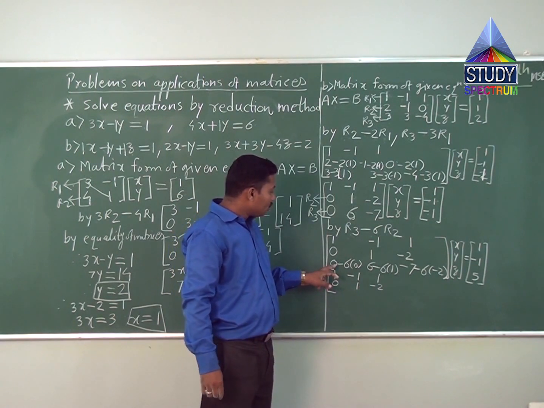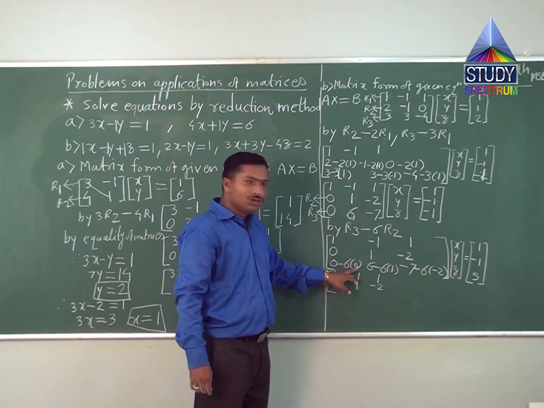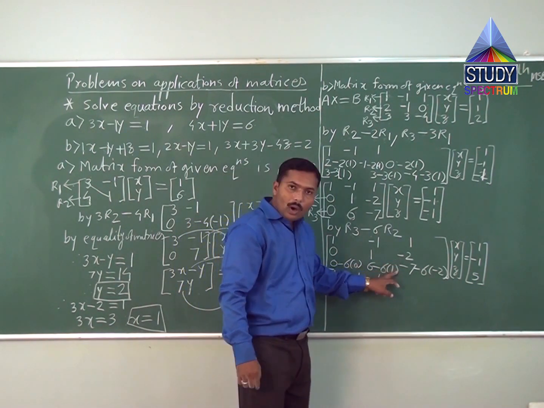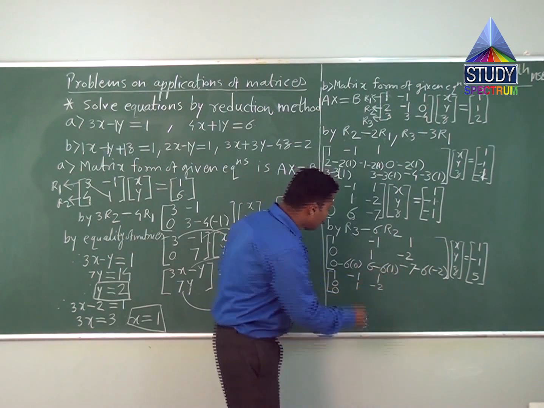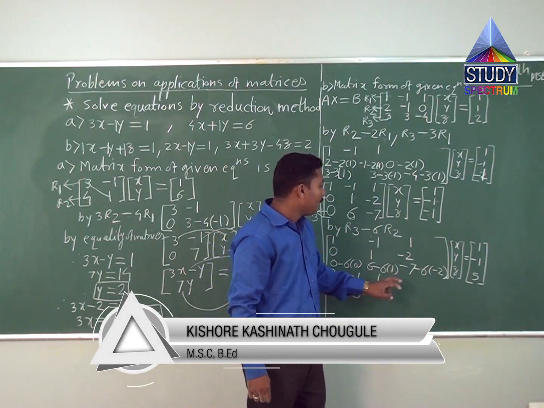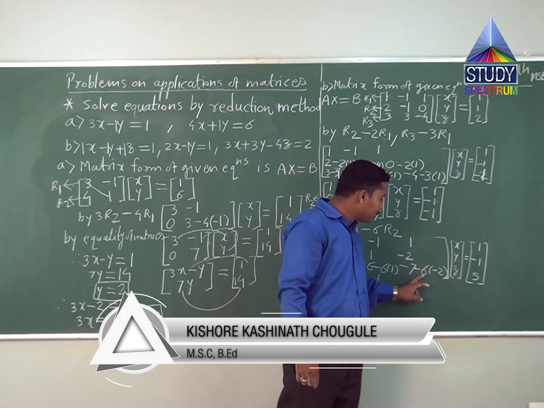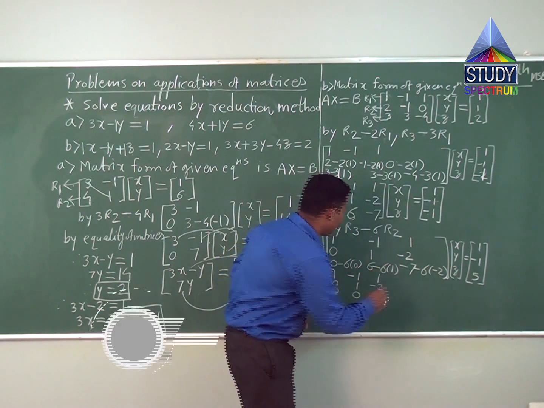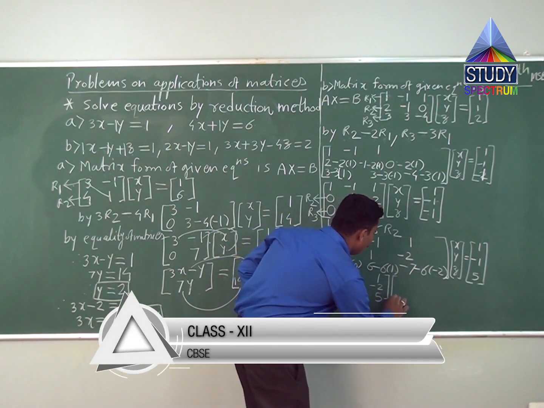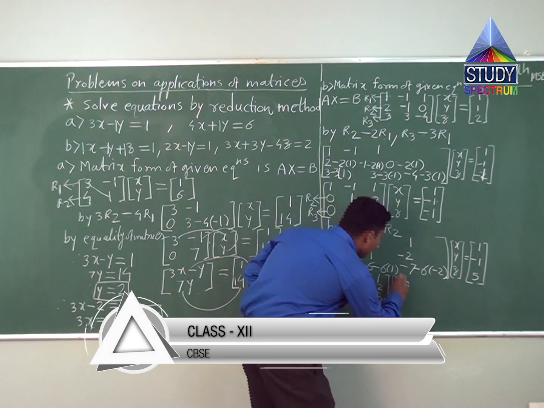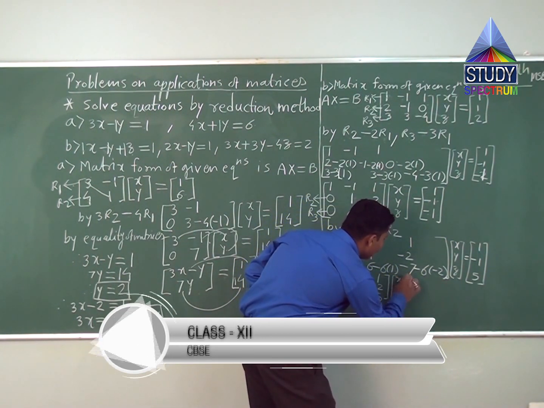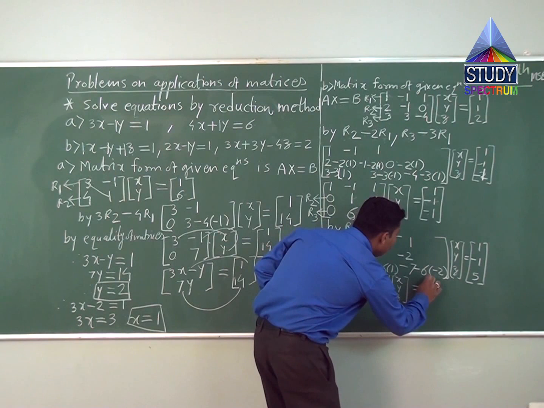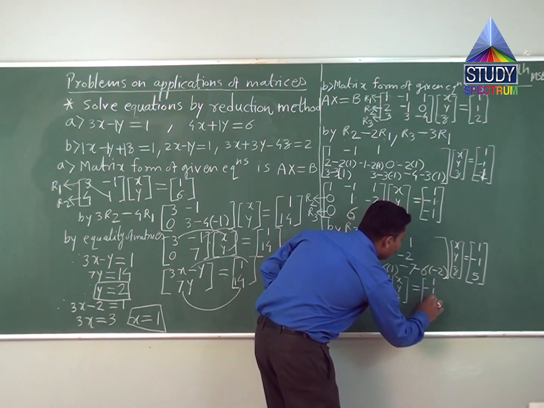So this is 6 into 0, 0, 0 minus 0, 0; 6 into 1, 6, 6 minus 6, 0; minus minus plus 6 into 2, 12, 12 minus 7, 5. Into this column matrix x y z equal to this column matrix 1 minus 1 5.